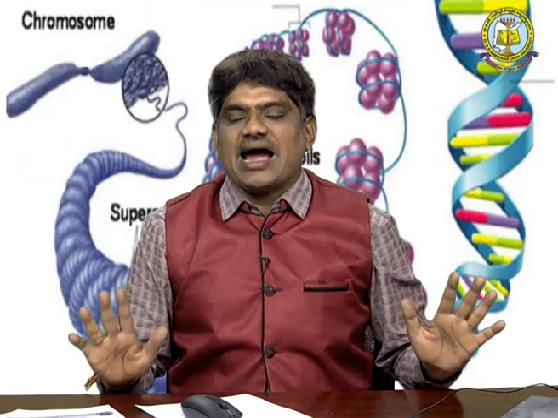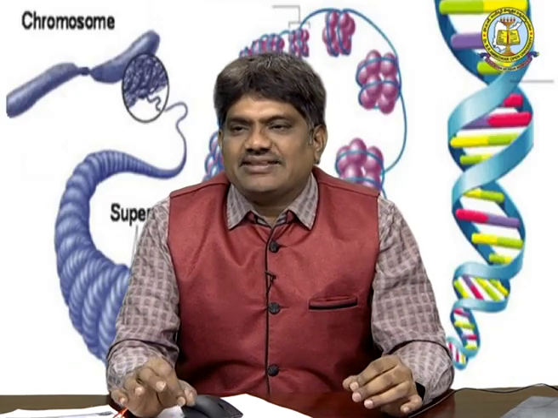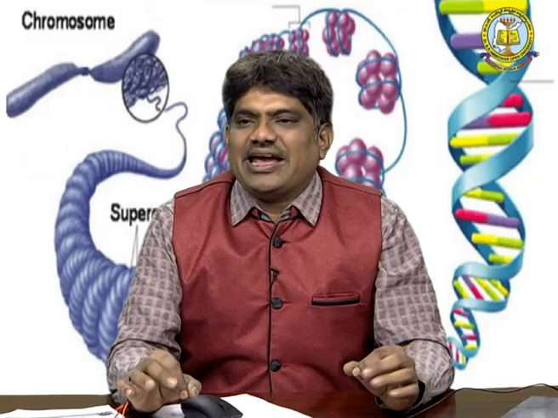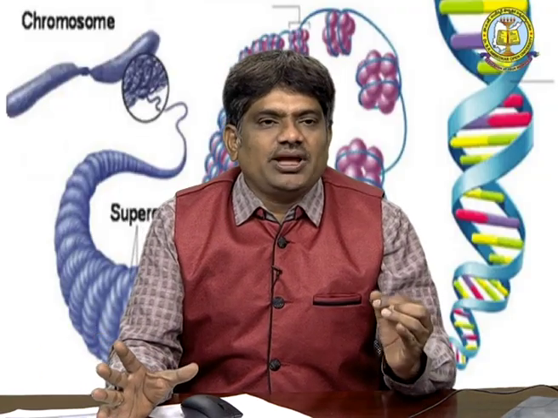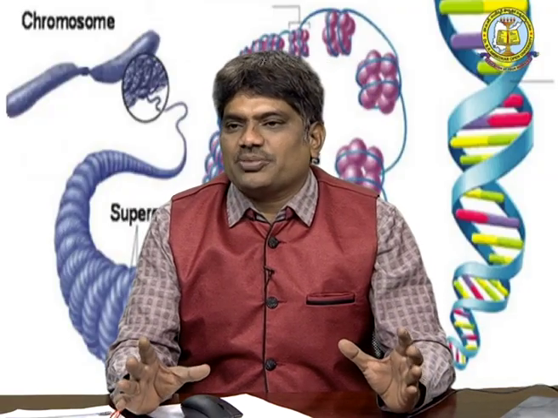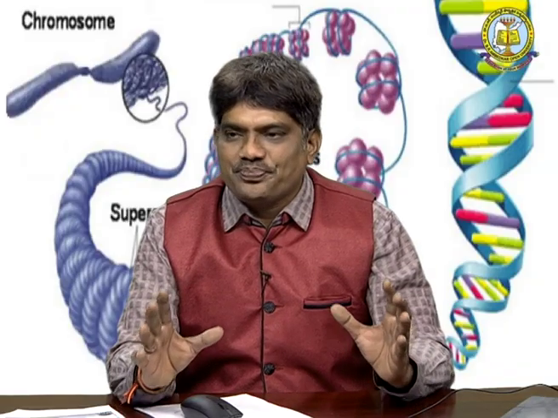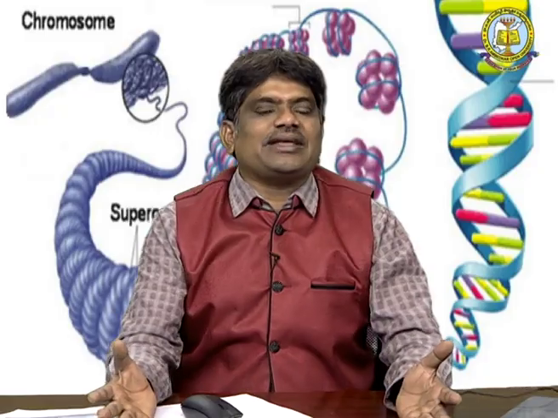And in plants, Haplopappus gracilis, a member of the grasses, has only 4, that means 2 sets of chromosomes. That is the lowest number of chromosomes present in plants. And in plants, where is the highest number of chromosomes present?